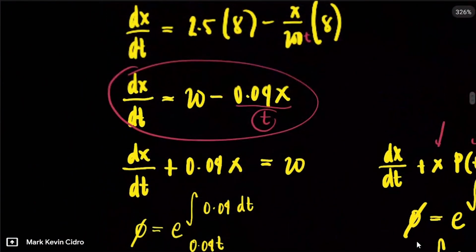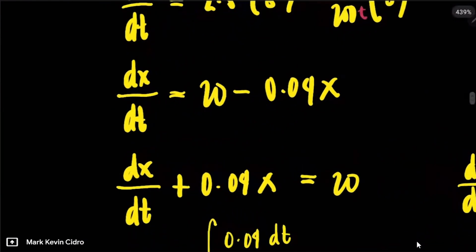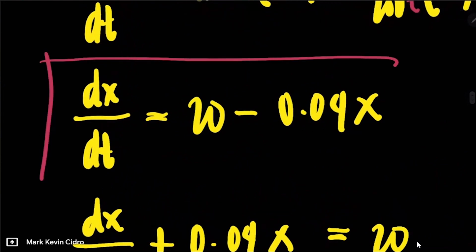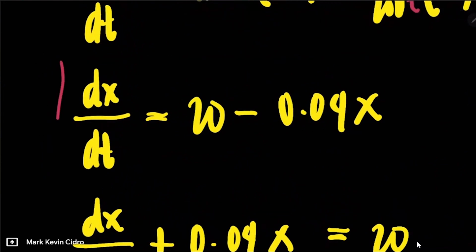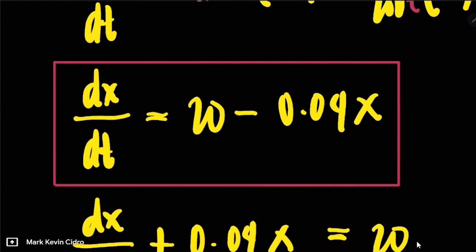Anyway, if you notice, this is our working equation for this problem. It can actually be solved using variable separable, but it is not solvable by variable separable if t is involved in the volume.